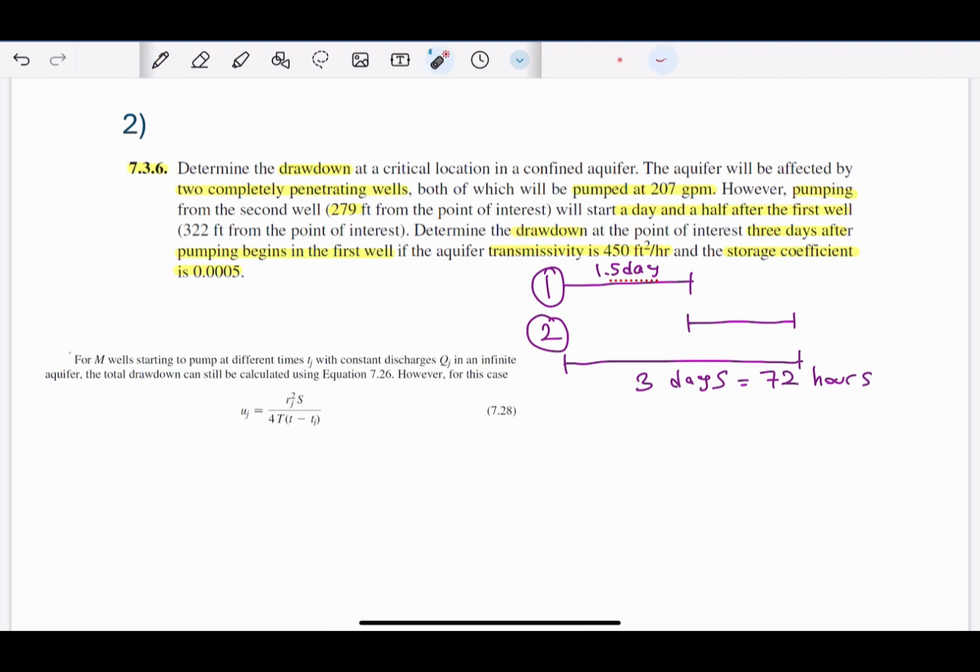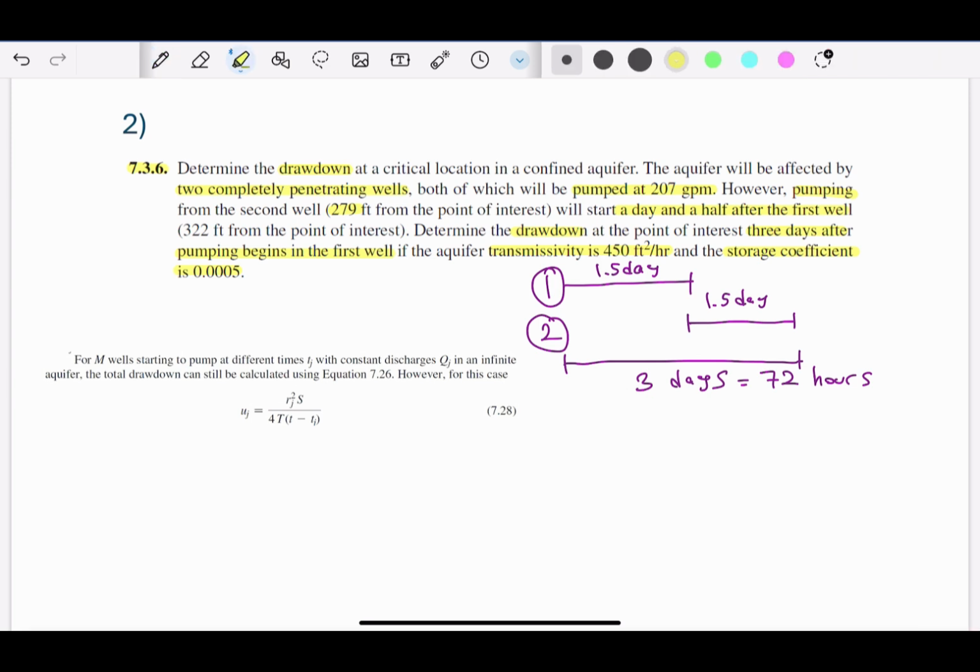And also another piece of information: pumping starts in the second well a day and a half after the first well starts. So this means that after this 1.5 days, the pumping will start in the second well.